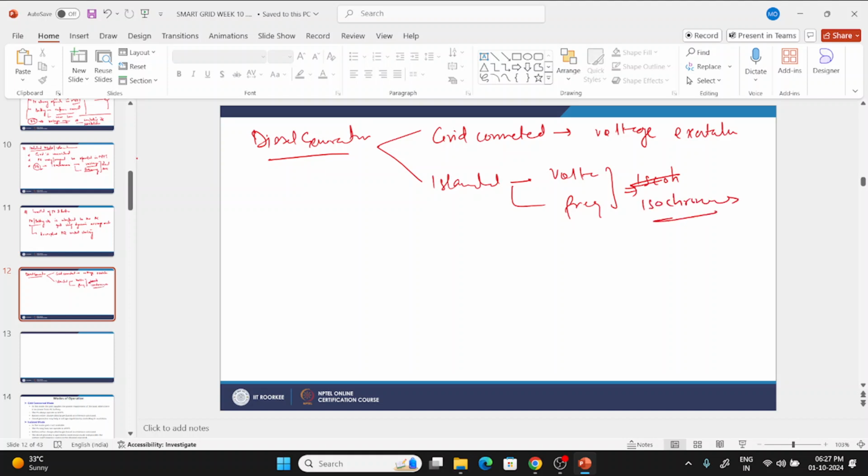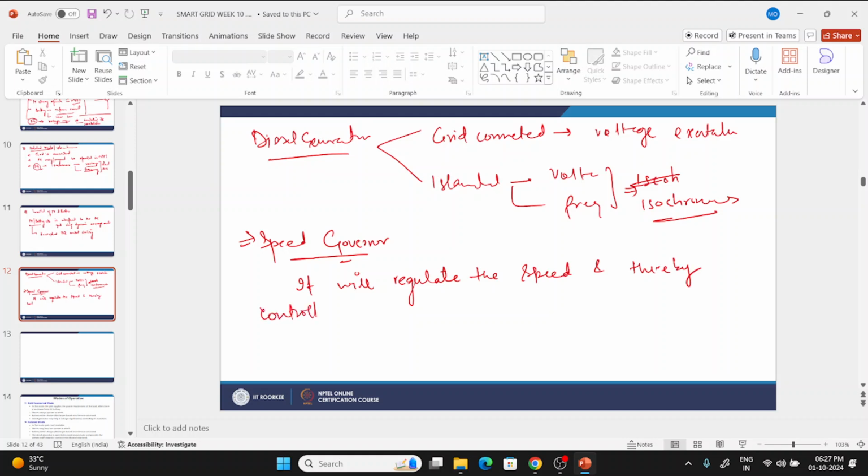Now, what happens here is that there is a speed governor. What will it do? It will regulate the speed, thereby controlling the frequency of the diesel generator.